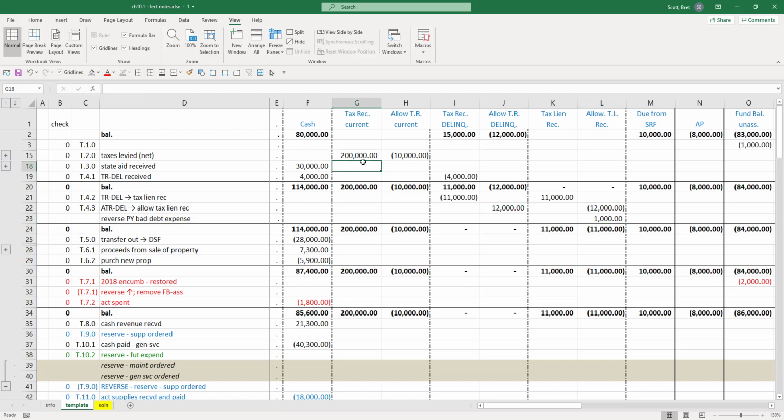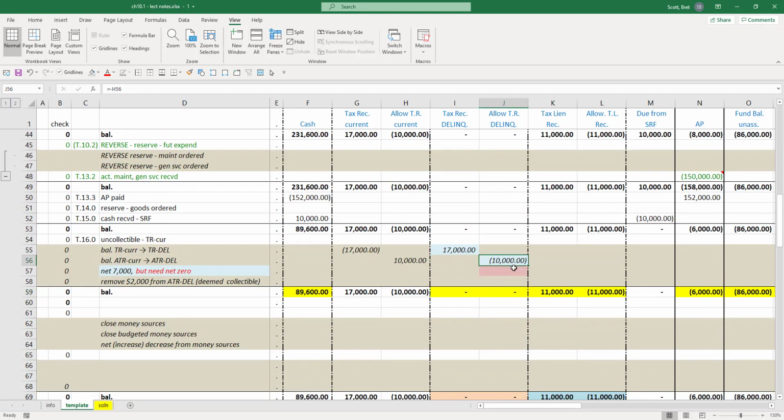When I'm moving from tax receivable current to tax receivable delinquent, delinquency has sort of a negative connotation to that. But let's just say that these things are now delinquent down below. What would it take for me to reserve the full 17 million, just so that way I can kind of say, I don't really expect to collect anything? Well, I would need an extra credit of 7 million. If I do that, then the net becomes 0.